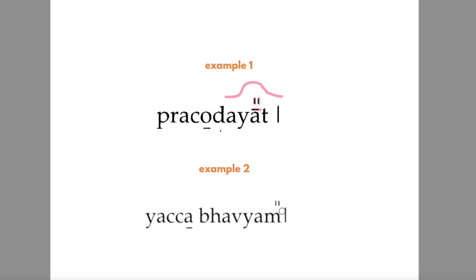It can also be singular. Yat cha bhavyam. In this particular case, the wave remains in the air. Yat cha bhavyam. First example, prachodayat.